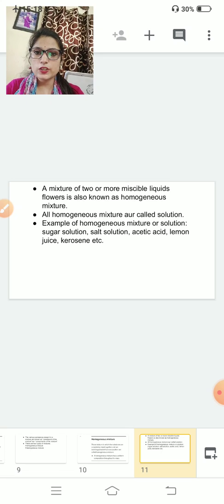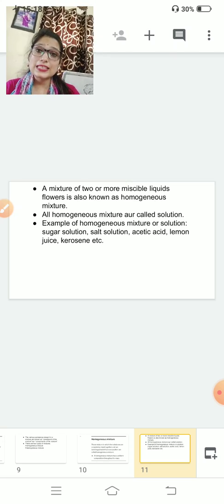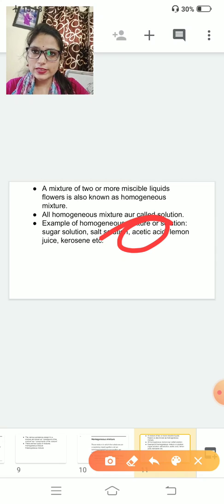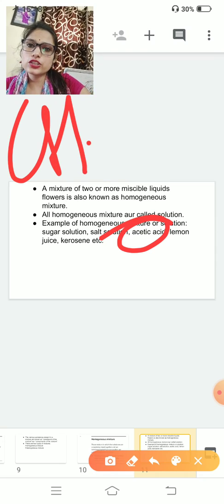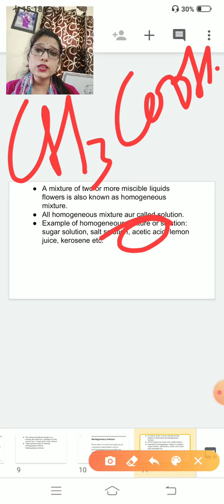All homogeneous mixtures are called solutions. Examples: sugar solution, salt solution, acetic acid. Acetic acid is your vinegar. And what is the formula of acetic acid? It is CH3COOH.